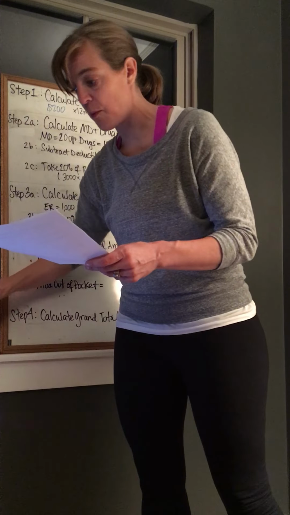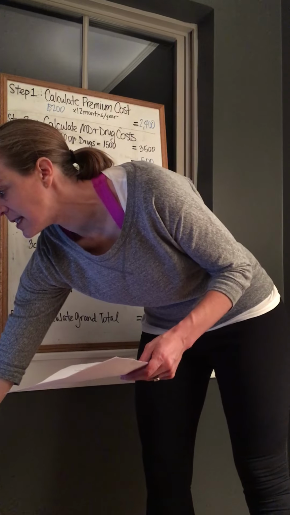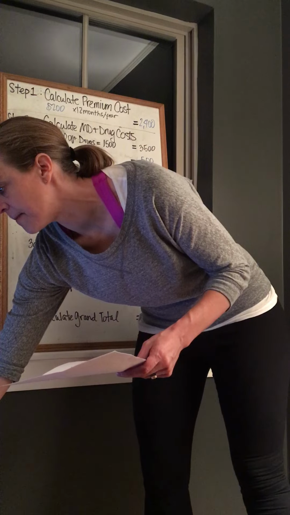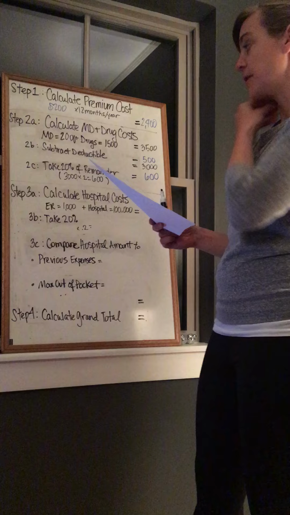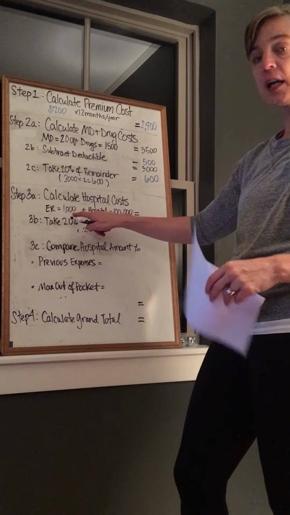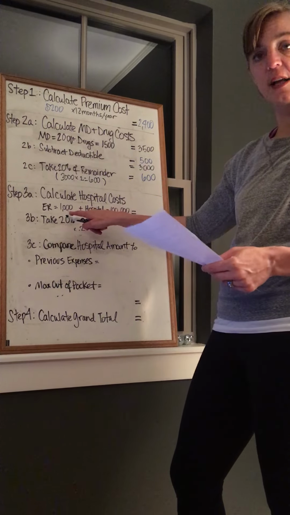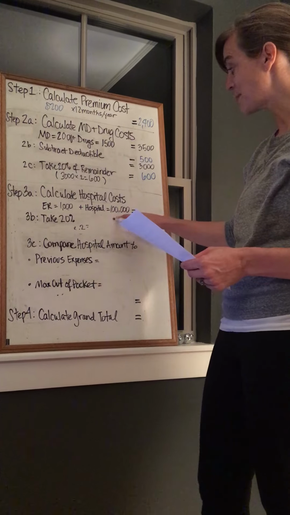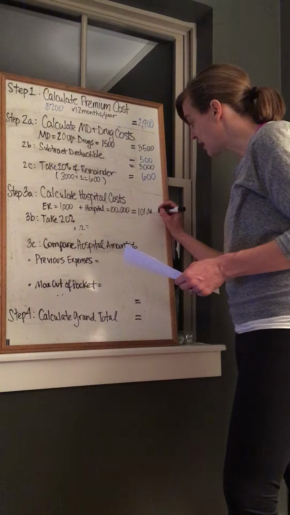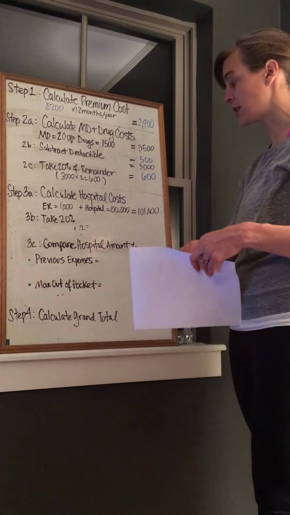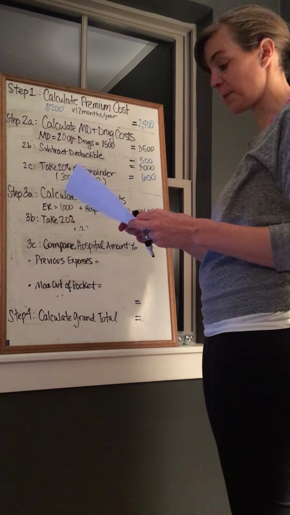If you remember, they did one emergency room visit and they had one large hospitalization at $100,000. So we look at the ER, and it says that the ER costs $1,000, and that hospitalization was $100,000, for a total of $101,000 in hospital costs.